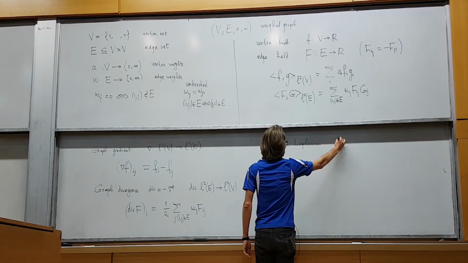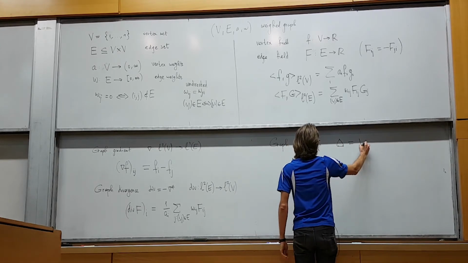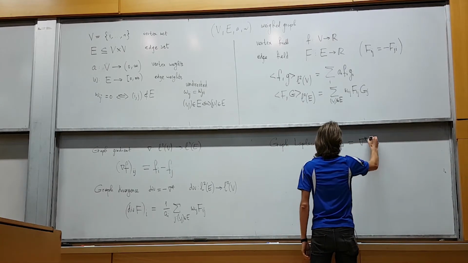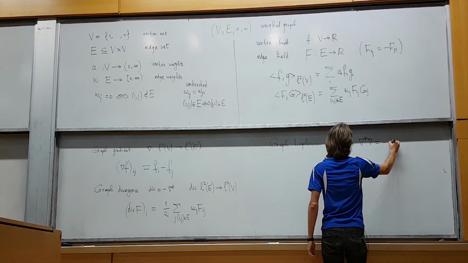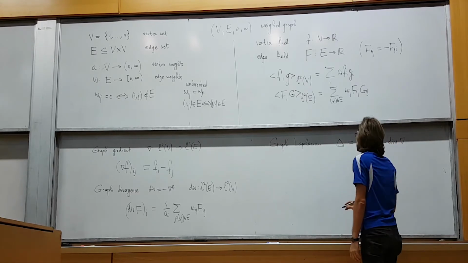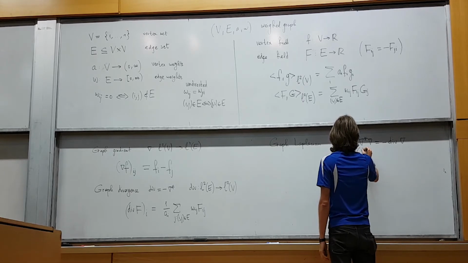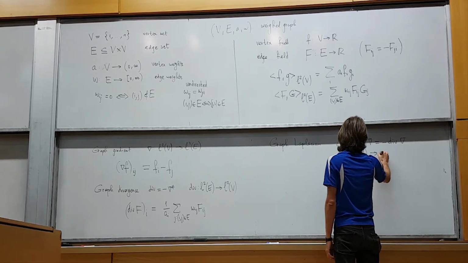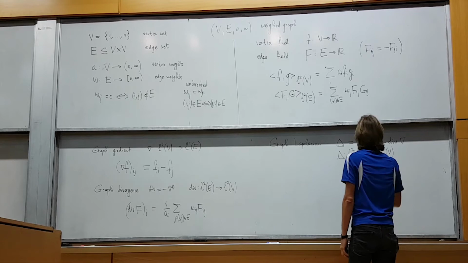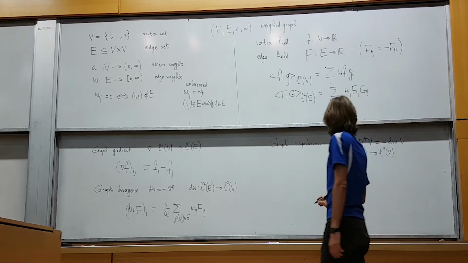The graph Laplacian, again delta, will be simply given by gradient adjoint gradient, or minus divergence of the gradient. Of course, this is an operator from the space of vertex fields to the space of vertex fields. And I will write it explicitly.